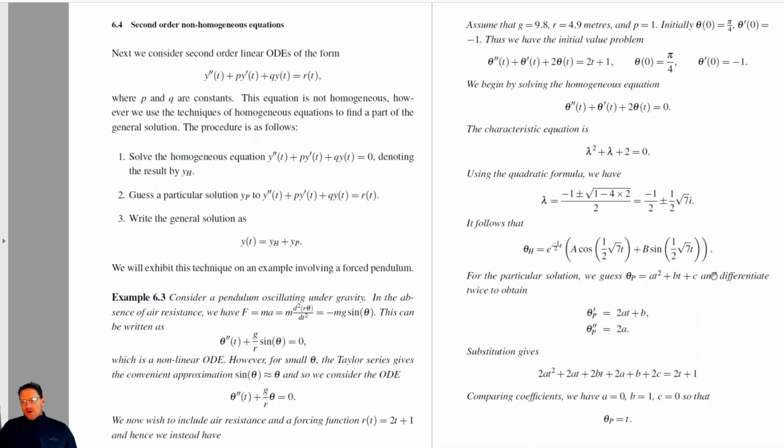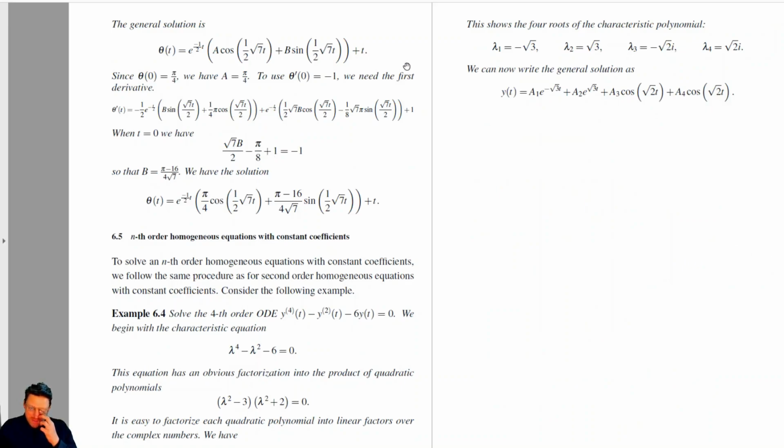Okay, so we've got our homogeneous solution and our particular solution that we guessed. Now we just add those together to find the general solution to the non-homogeneous equation there. And that looks like this at the top of the left here. Okay, so next what we do is we use our initial values to find the value of a and b.